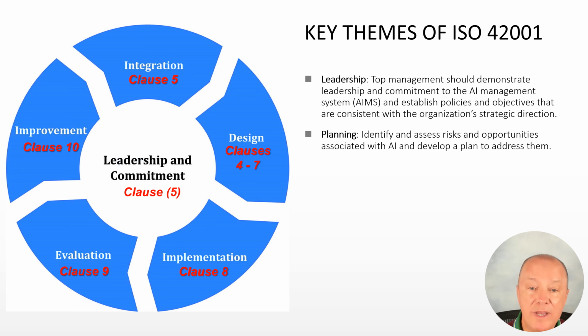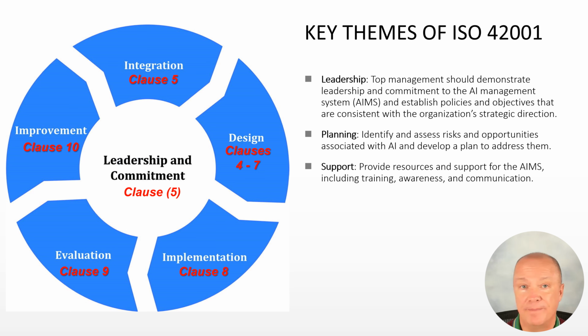Now then, we go into the planning of the AIMS before we actually operate the AIMS. The planning is in the design phase, which is in clauses 4 through 7. This is where we identify and assess risk and opportunities associated with AI and then develop a plan to address them.